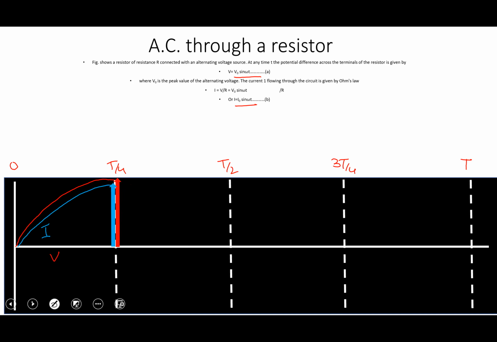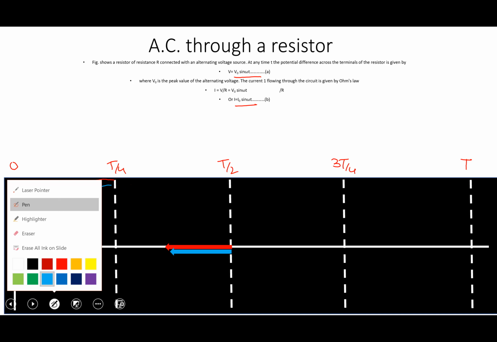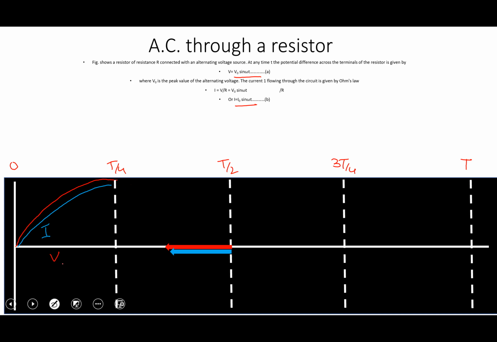As we continue, the voltage has decreased, but in the opposite direction. So the voltage has decreased at T by 2, and the current has also decreased at the point T by 2. So as you can see over here, they both are in phase. The way voltage is behaving, the same way the current is behaving as well.